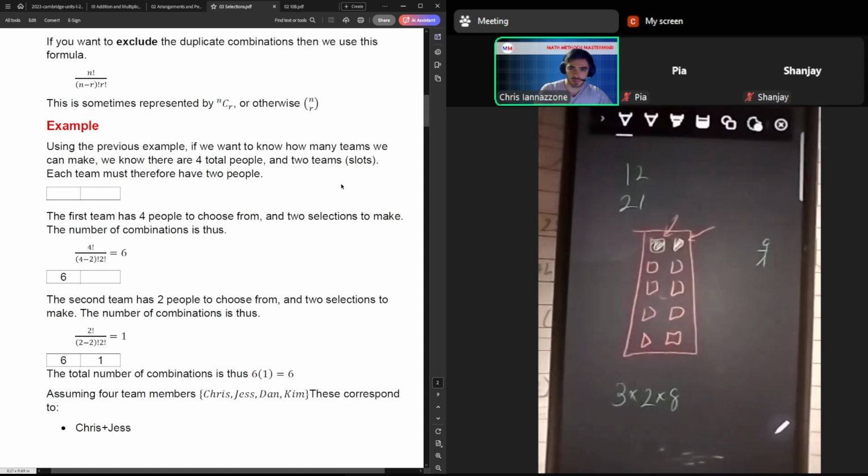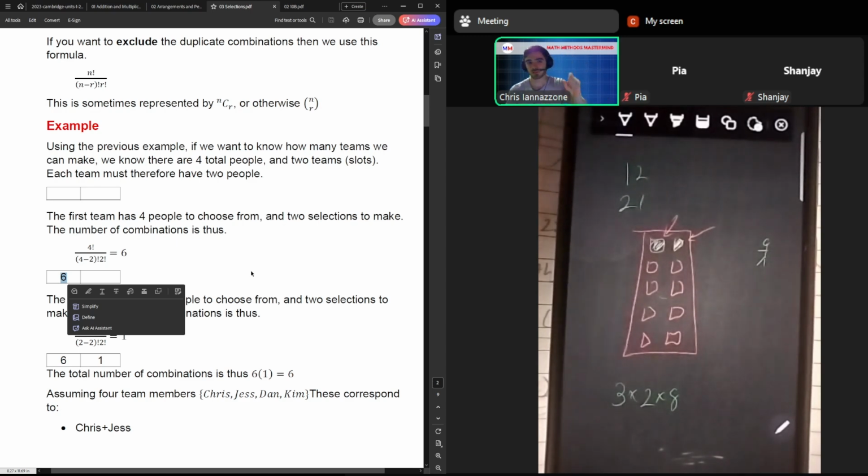To exclude all of the possible outcomes that were duplicates, you use the selections equation instead of the permutations equation to figure out what the number should be in that first position, where the position in this case just means team 1.